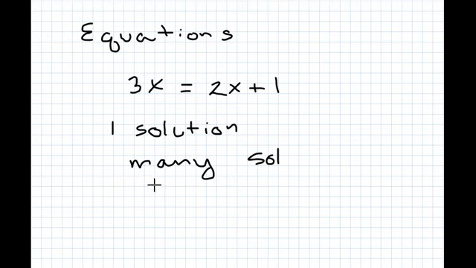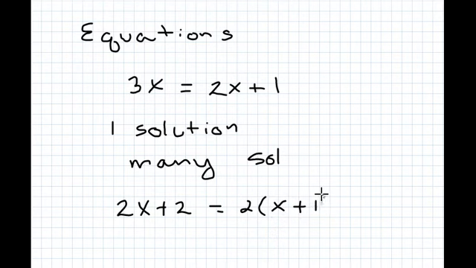An equation that is true for every real number in the domain of the variable is known as an identity. Here's an example. If I had 2x plus 2 is equal to... in this particular case, this is going to be true for every real number in the domain, that is, all the numbers that we can plug in for x here.